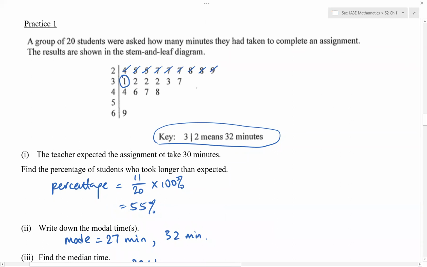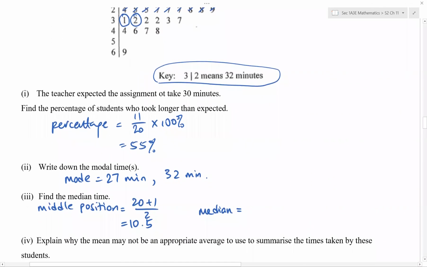This is position number 10. This is position number 11. However, take note, the value at position 10 is not 1. The value is 31 minutes. The value at position number 11 is not 2. It is 32 minutes. So the median will be 31 plus 32 over 2 to give us 31.5 minutes. So please take note of this.